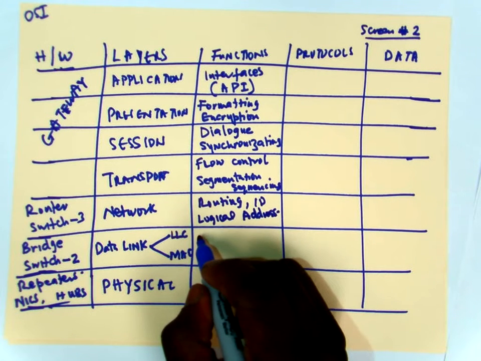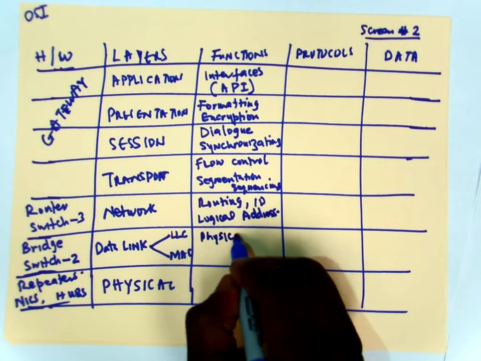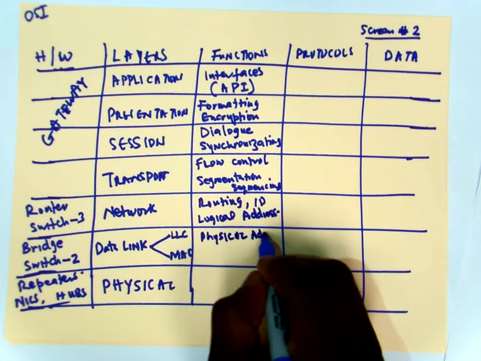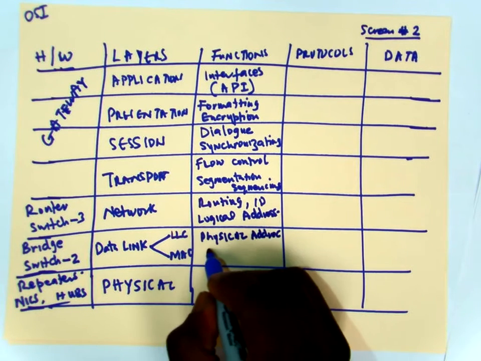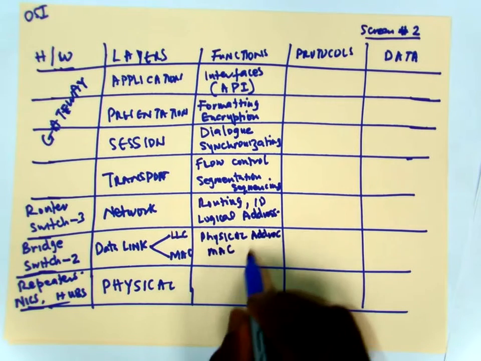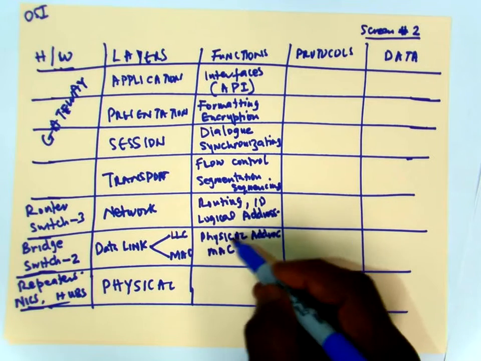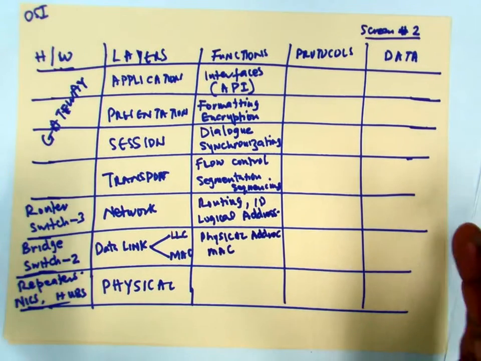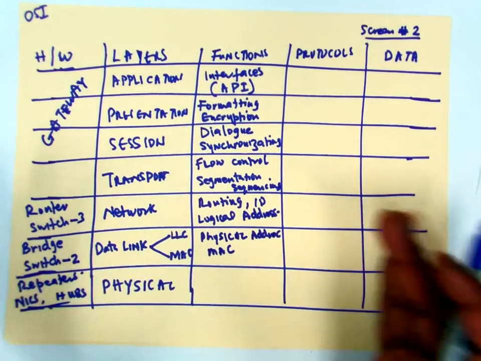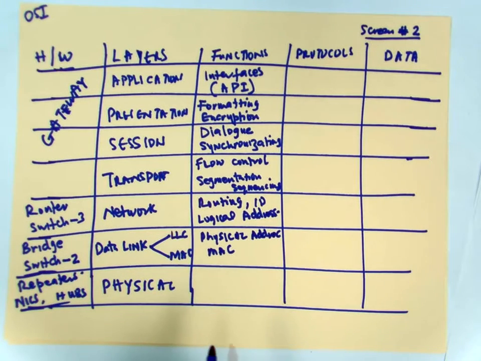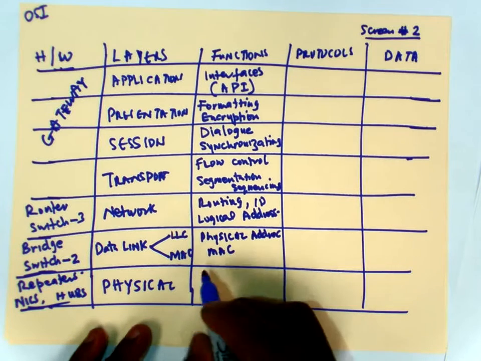So this is the physical address, which is the MAC. MAC is 48 bits. So I'm going to bring another piece of another slide in to explain this more. Okay. Then in the physical, then we have raw bits.